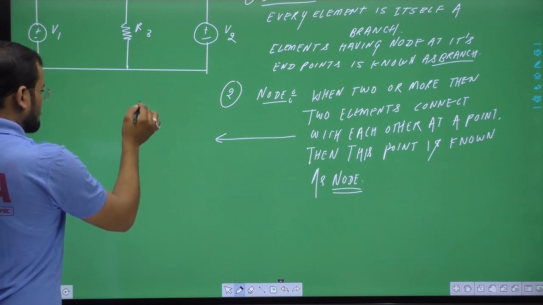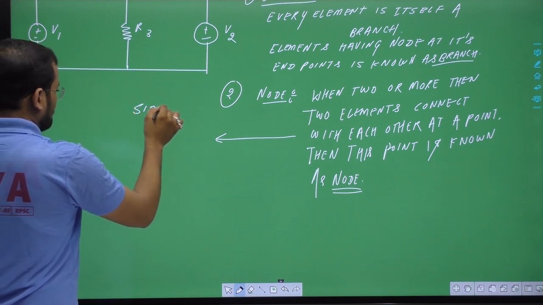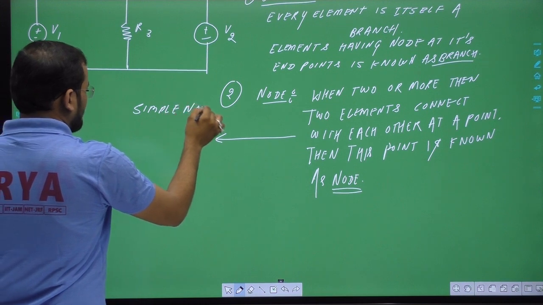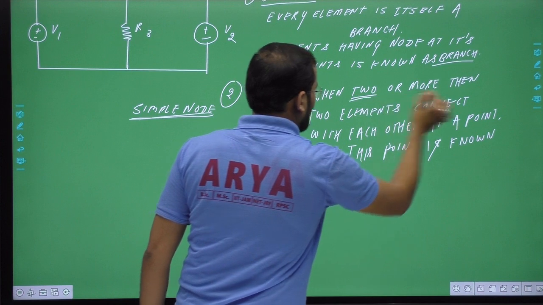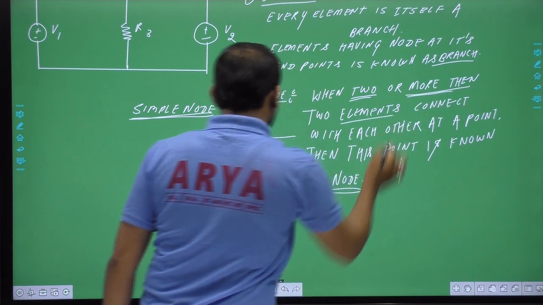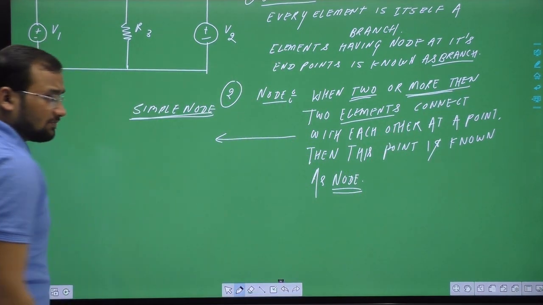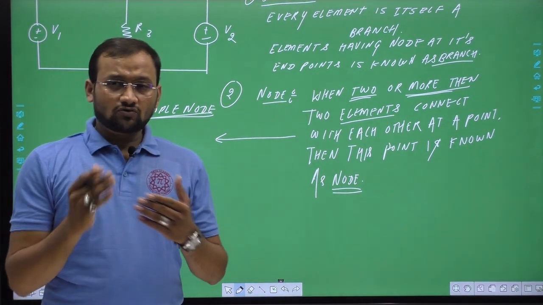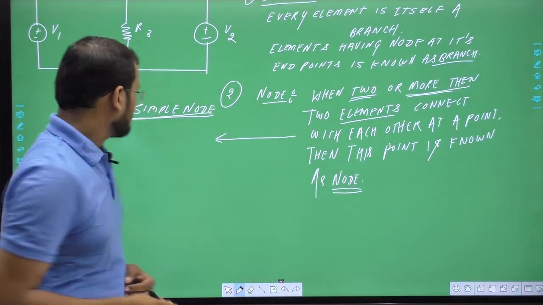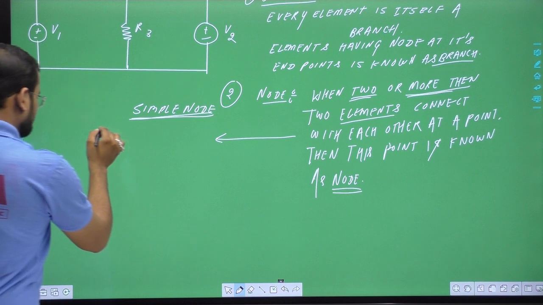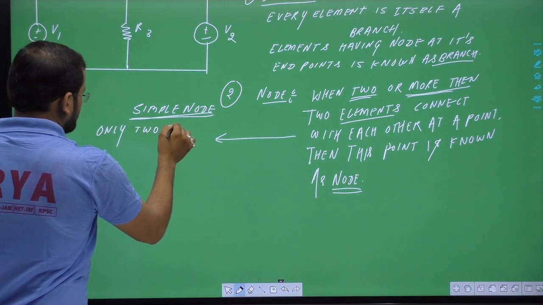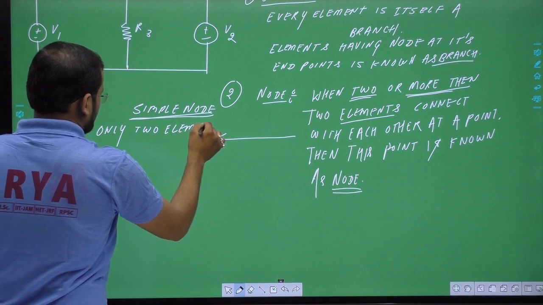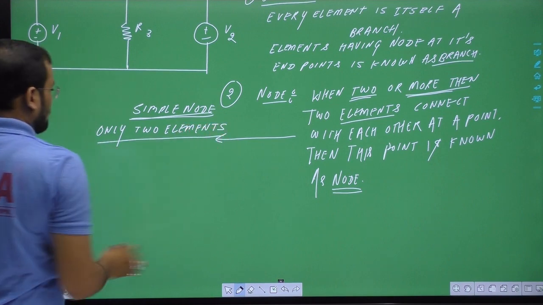The first one is a simple node. These parts depend on the number of elements. If there are only two elements which are connecting with each other, then it is a simple node.